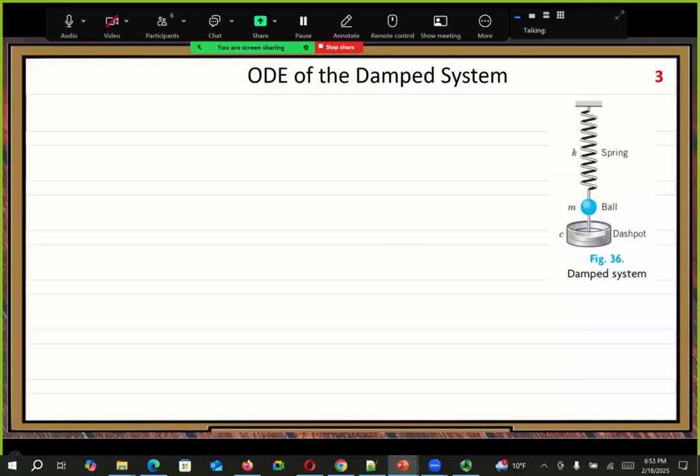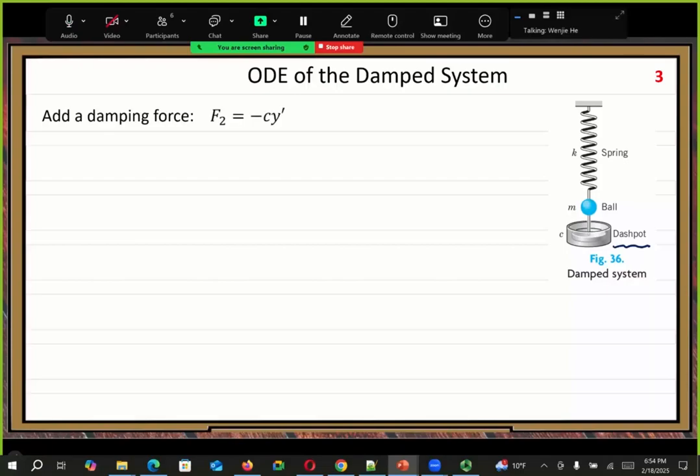This time you can see there is some new component added into the system, some stopping force, to slow down the ball. We add a damping force.